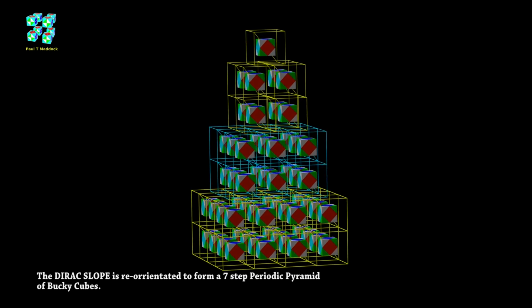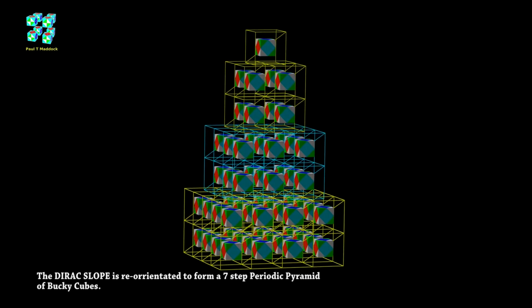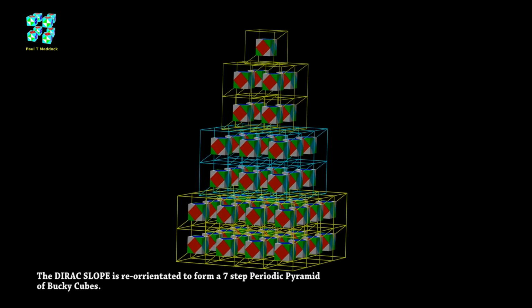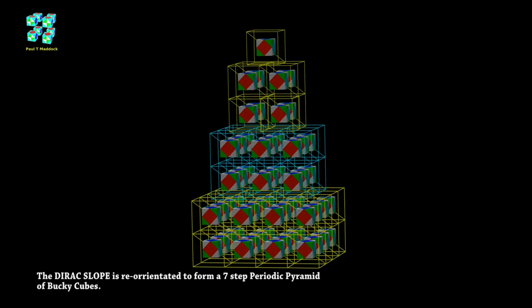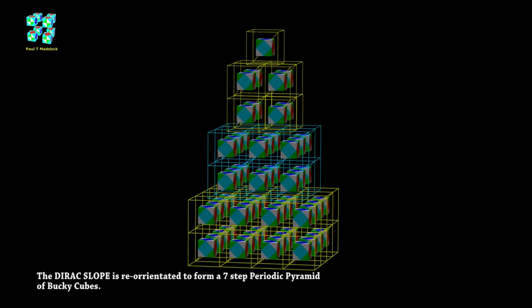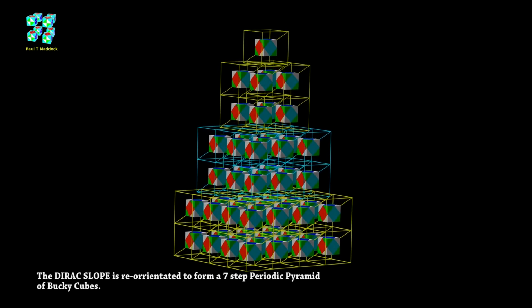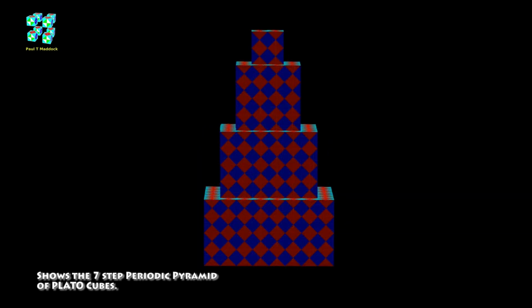As you can see, as it's spinning around, I'm showing a Bucky cube and I'm showing an innate Plato cube outline. If I showed the Plato cubes, you wouldn't be able to see the Bucky cube, which is the perfect center of the 8 Plato cubes. Now I'm going to show you the same animation, but I'm going to change the cube outlines to 8 Plato cubes in each of the outlines.